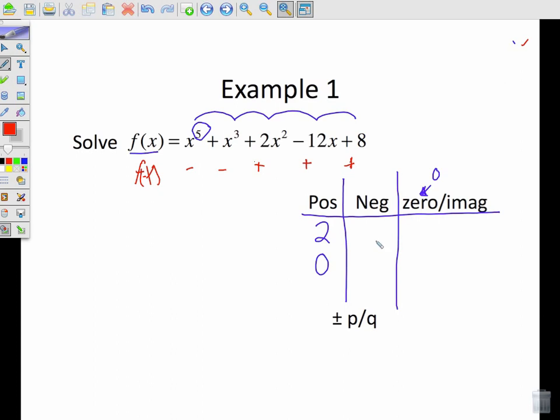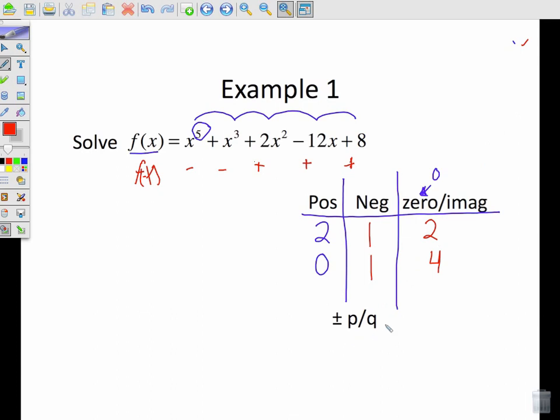Now what that tells me is that I may have one negative solution. So if I have 2 positive, 1 negative, then I would have to have 2 imaginary, or maybe a 0. If I've got no positive and 1 negative, then that would force me to have 4 imaginary solutions. So they have to add to 5 going across there. That's how that Descartes' rule works.